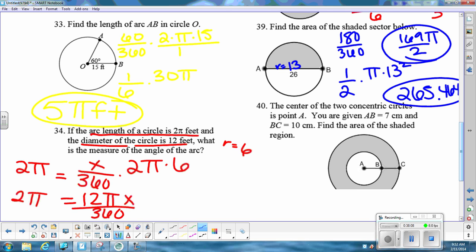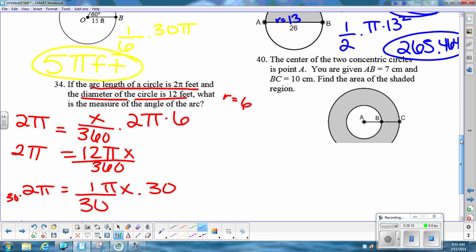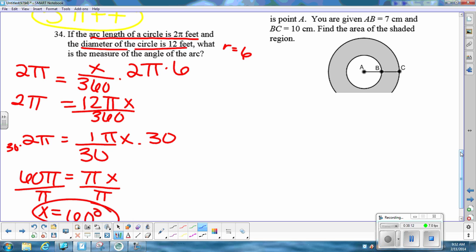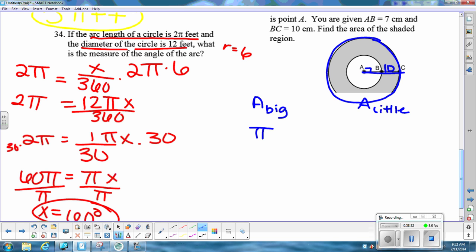I want the exact. All right, so now we have a circle within a circle. We're given that AB is 7 centimeters, BC is 10 centimeters. We want to find the area of the whole big circle and the area of the entire little circle. We'll look at the big circle, then our radius is this whole thing. So this would be pi times 17 squared.